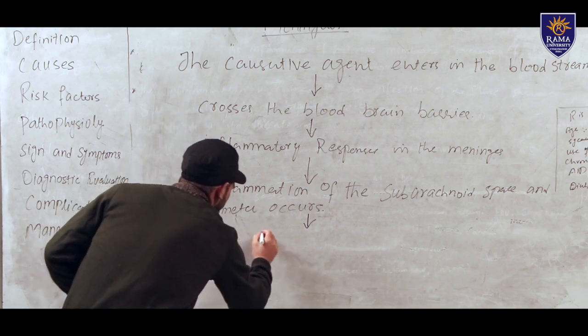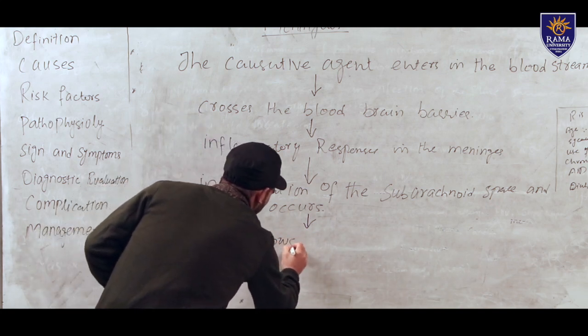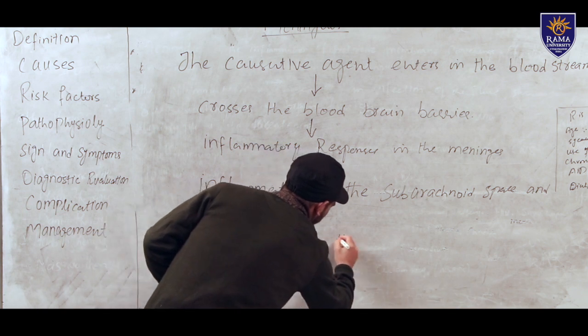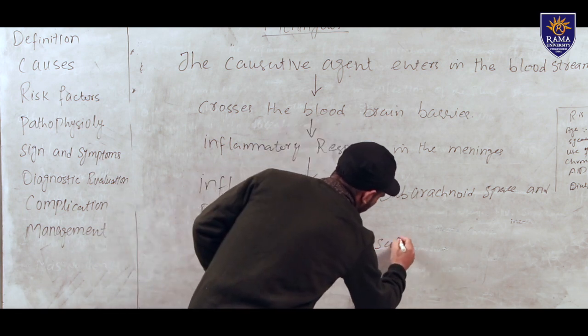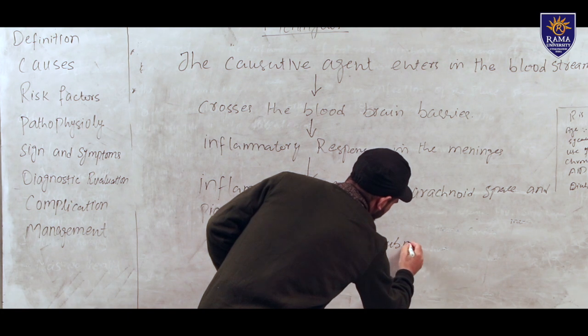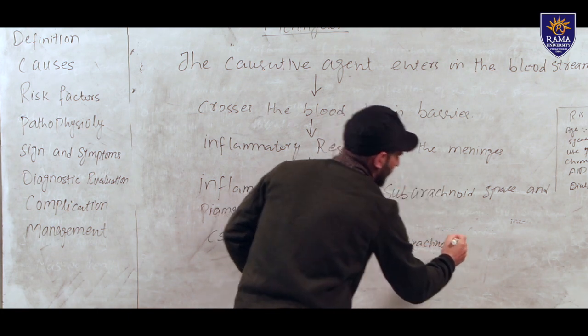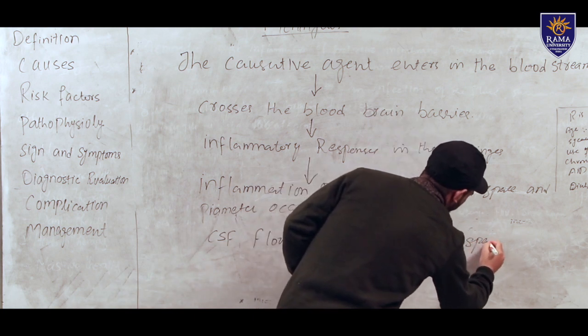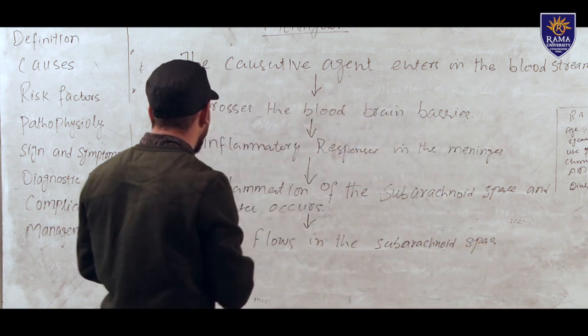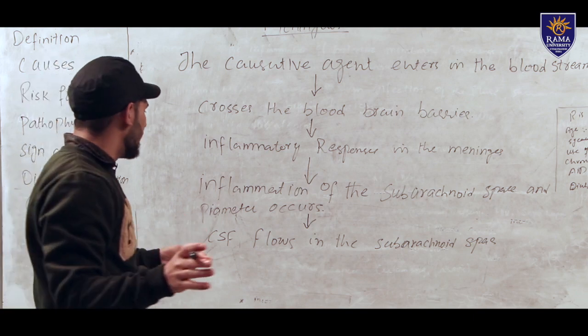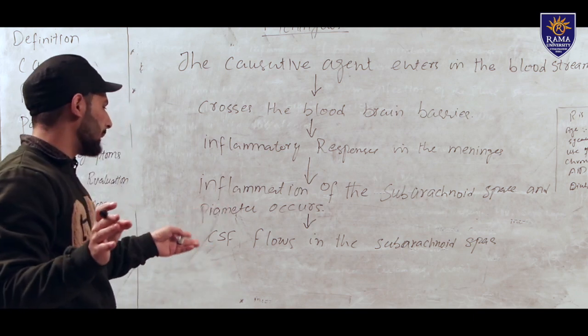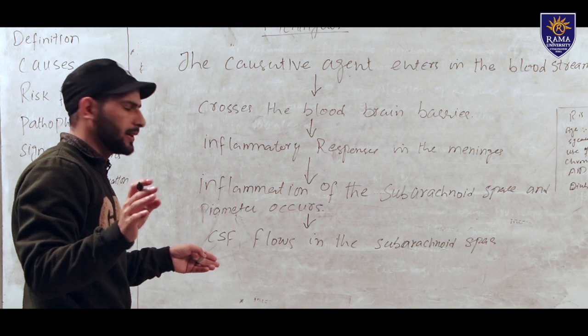When the inflammation of the subarachnoid space and the pia mater occurs, after that the CSF flows in the subarachnoid space.